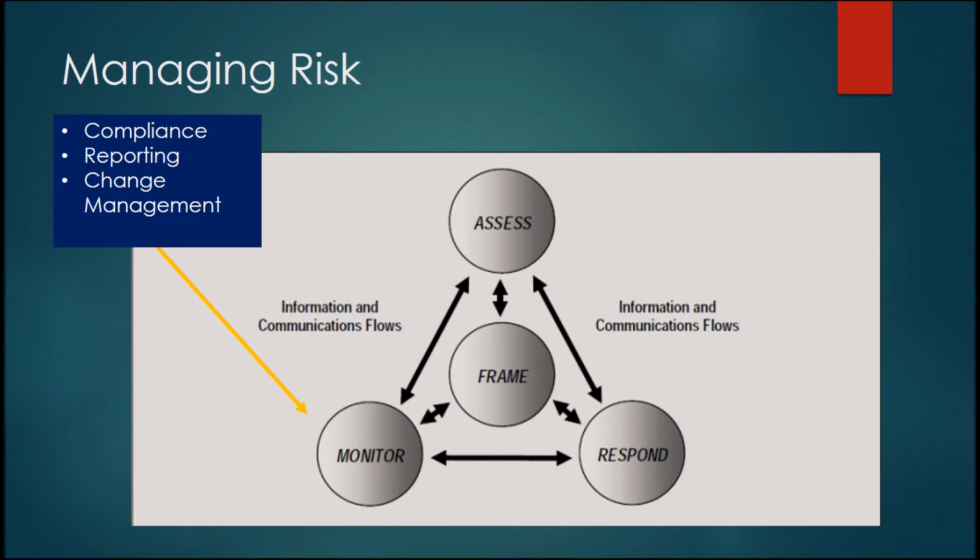According to NIST, the fourth component of risk management addresses how organizations monitor risk over time. The purpose of the risk monitoring component is defined in these three items. First, determine the ongoing effectiveness of risk responses, consistent with the risk organizational frame. Second, identify risk impacting changes to organizational information systems and the environment in which the systems operate.